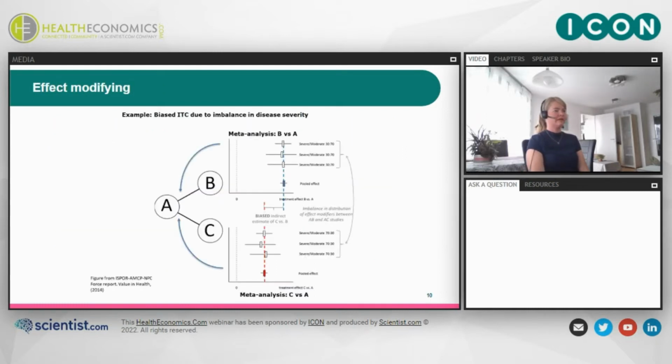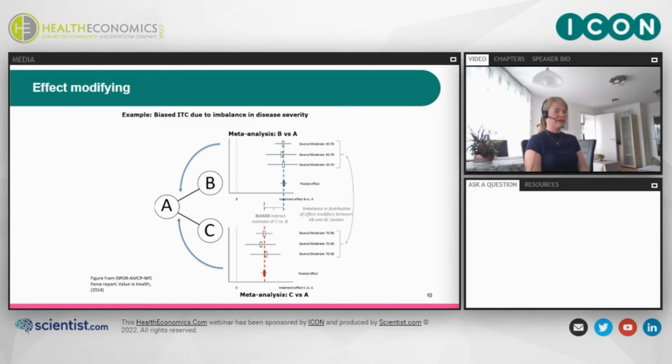Here you can see an example for effect modifying. So there are 2 meta-analyses comparing treatment B and A and C and A, and these reveal that the treatment effect of B versus A is larger than the treatment effect of C versus A. However, this is caused by an imbalance in terms of disease severity between the 2 pairs of trials.